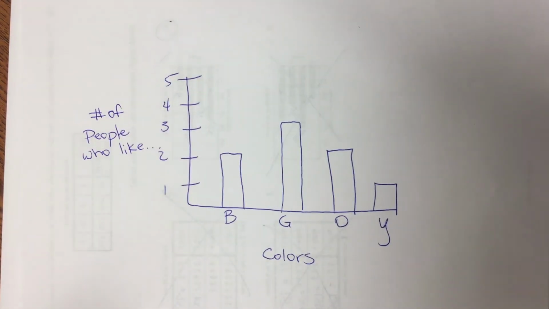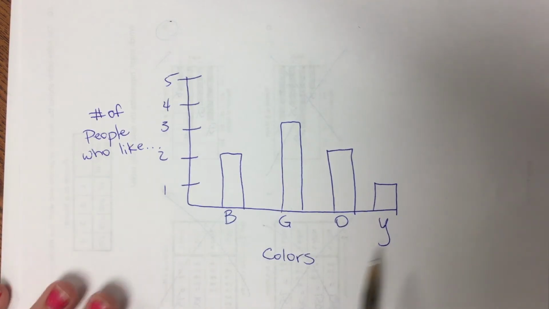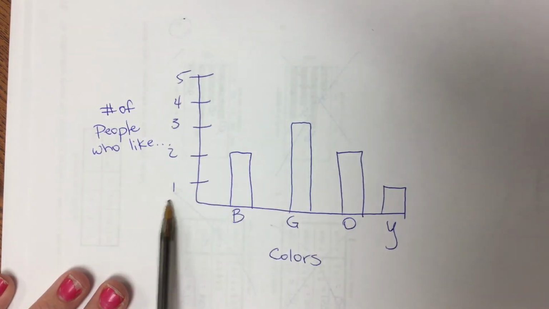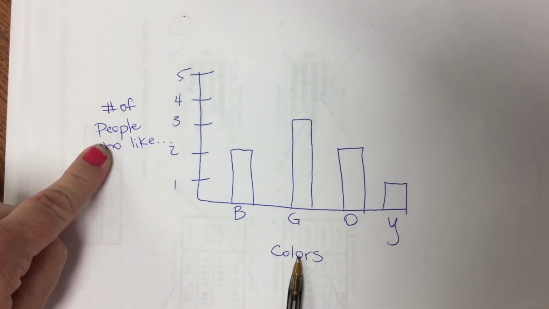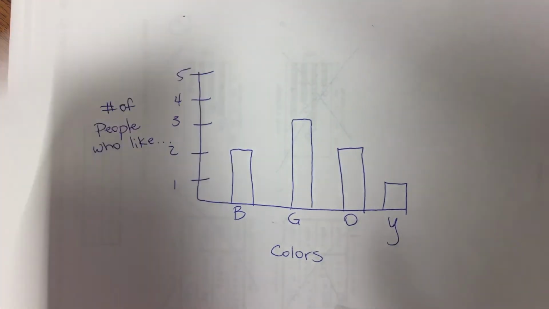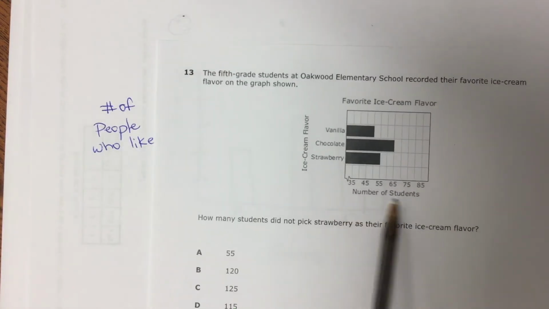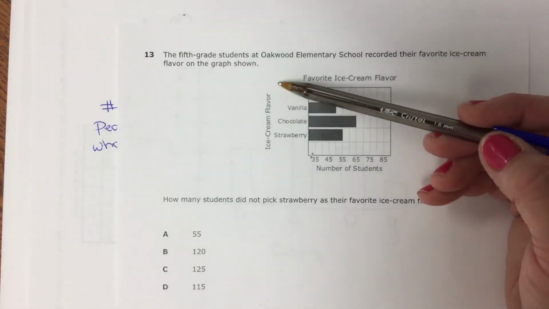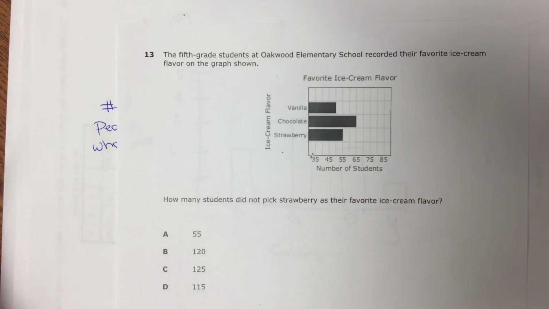Okay, but the only thing you need to know about a bar graph is that you're always going to have an X and a Y, and that your X and Y are going to have a name. So like on this one, the X is the number of students, the Y is the ice cream flavor.